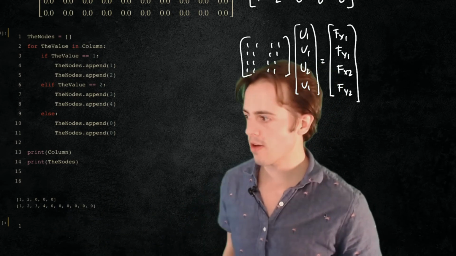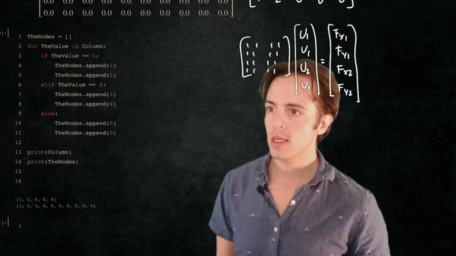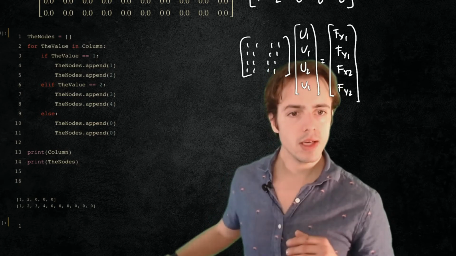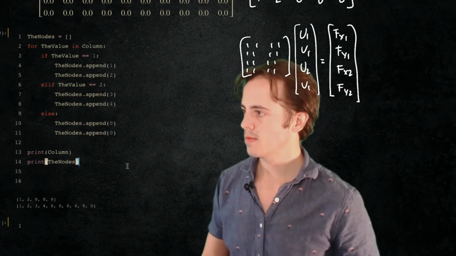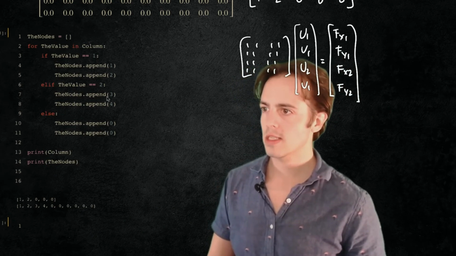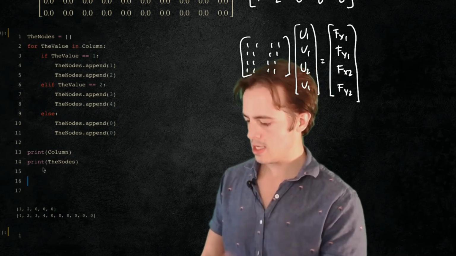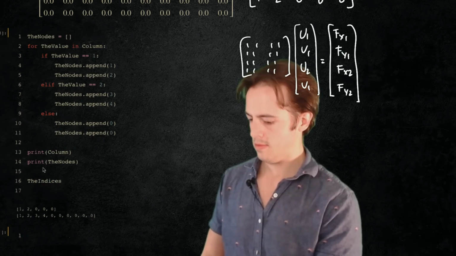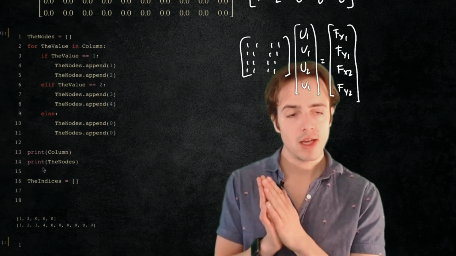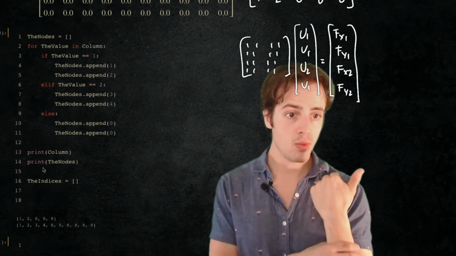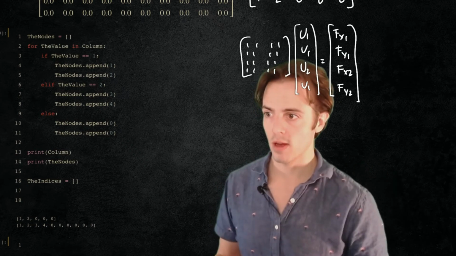Python indexing starts at 0. So what we want to do is extract these as a list of indices. Let's call this something else, let's say the indices. Now I'm going to iterate on that thing I've made called the nodes, and if there's a 1 there, I need to work out where that occurs. If there's a 2 there, I need to work out where that occurs, a 3 and a 4, for example.